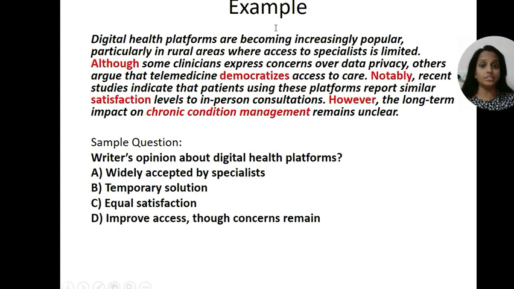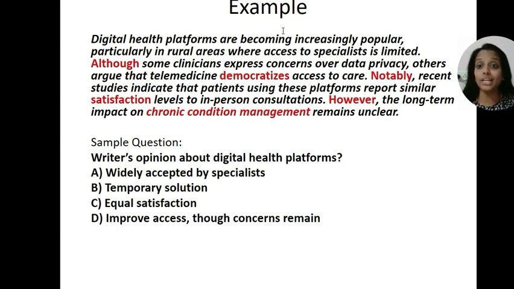Okay, the first one is emotion and attitude. If you see words like notably and democratizes access, it shows a positive tone. And with the concerns, there are some concerns mentioned here but not dominant, so the overall tone is balanced but optimistic.